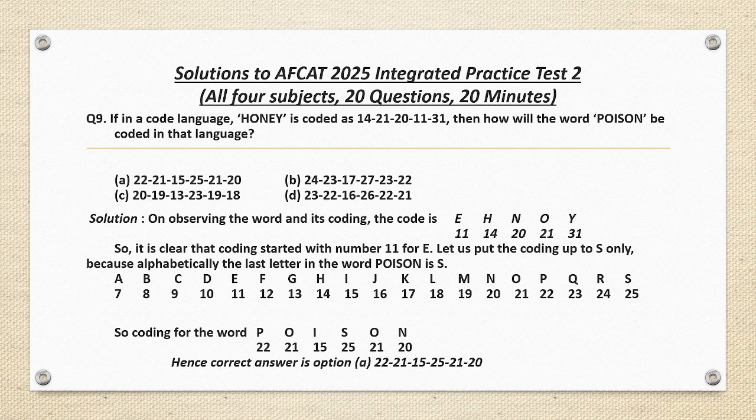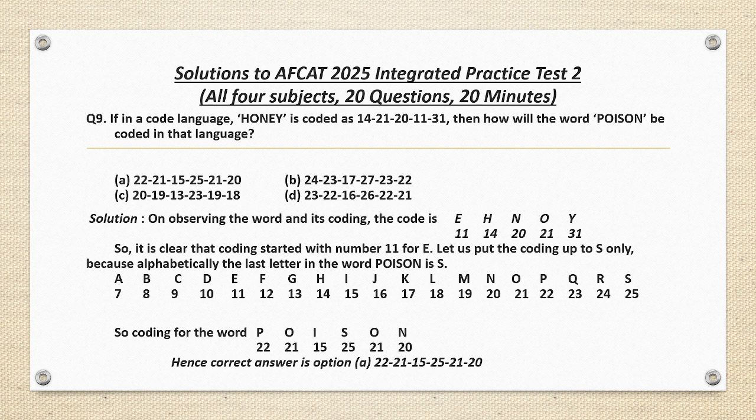So let us first arrange the alphabets of the word honey as they occur in the dictionary. The first letter is E, and then H, then N, then O, then Y. And let us put these digits also in increasing order: 11, 14, 20, 21, 31.